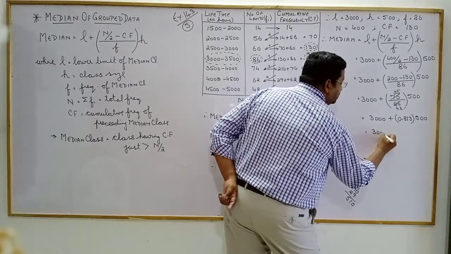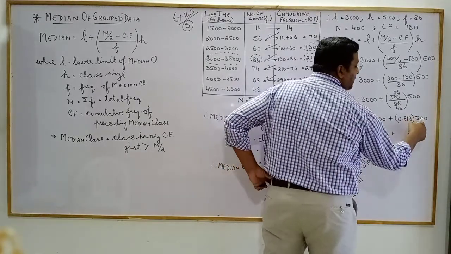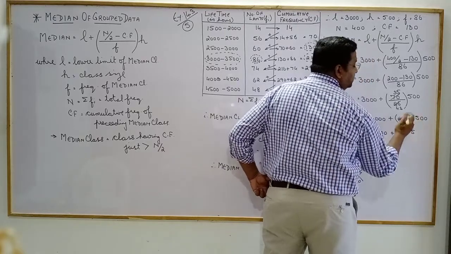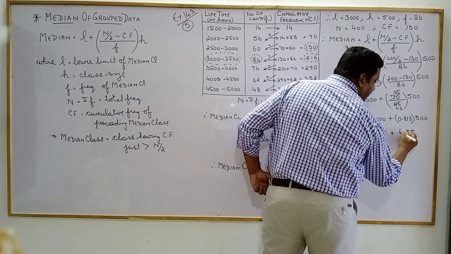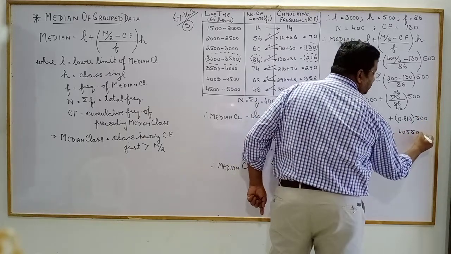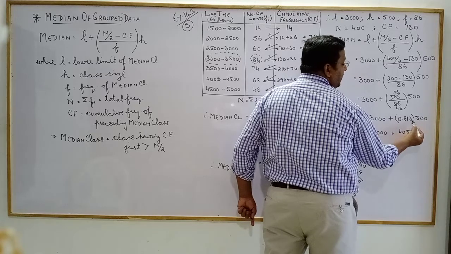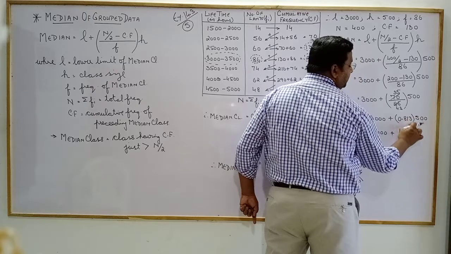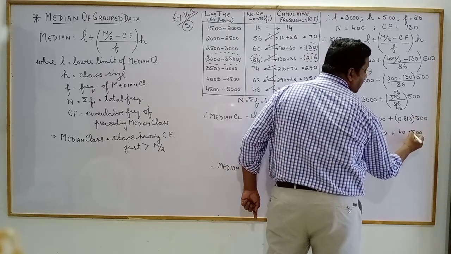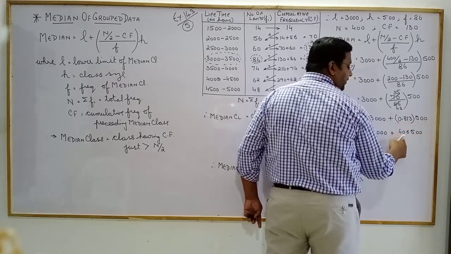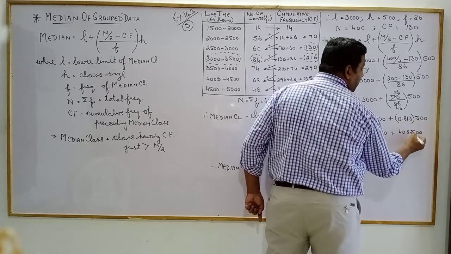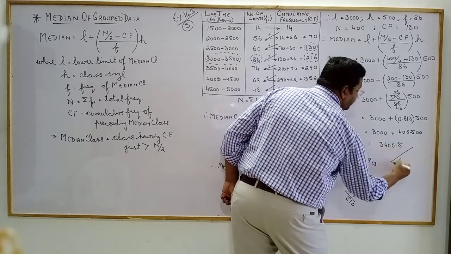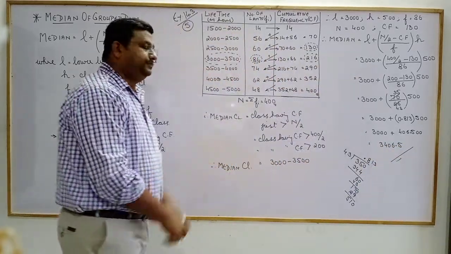Multiply: 5 3s are 15, carry 1, 5 1s are 5 and 1, 6, and 5 8s are 40. Decimal after 3 places, 1 2 3, so it comes out to be 3406.5. That is your median.